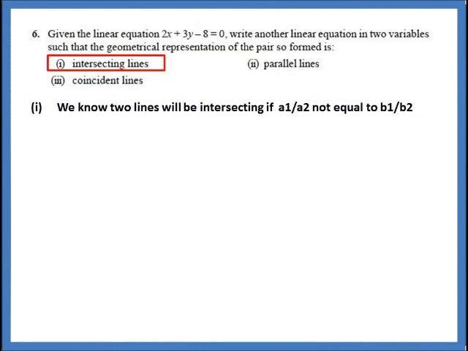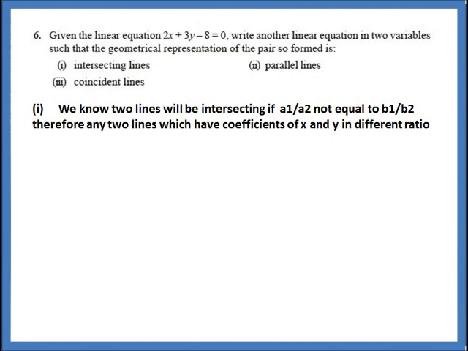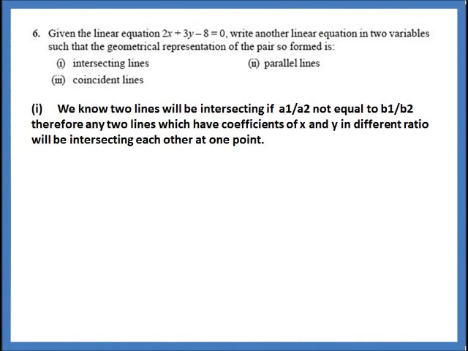We know two lines will be intersecting if a1 upon a2 not equal to b1 upon b2. Therefore, any two lines which have coefficients of x and y in different ratio will be intersecting each other at one point.